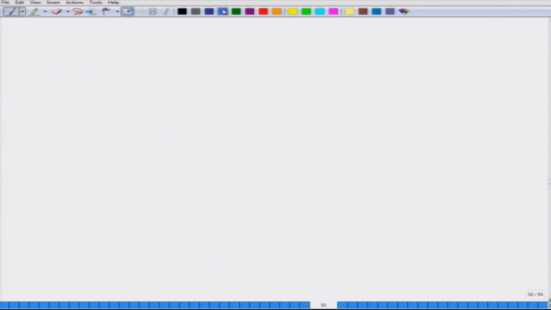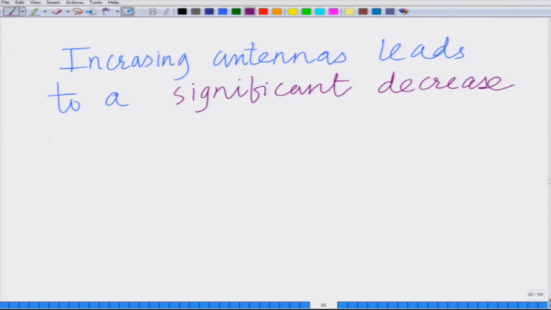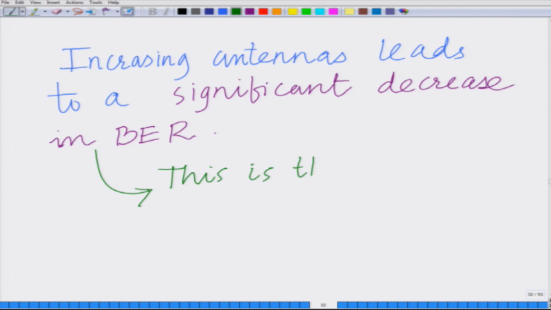So, the increasing number of antennas leads to a significant saving, or a significant decrease in bit error rate, and this is the advantage or benefit.